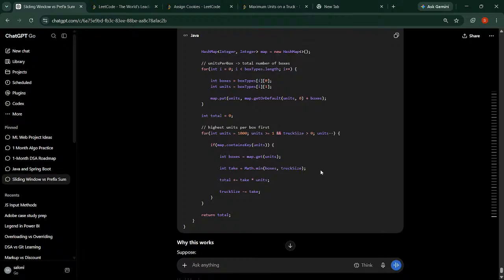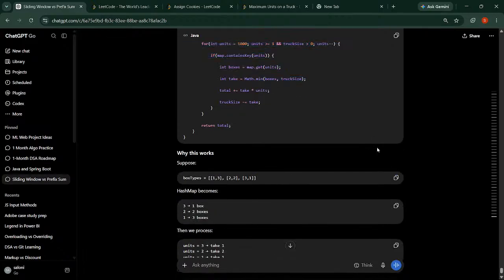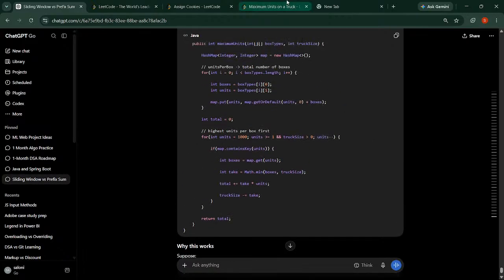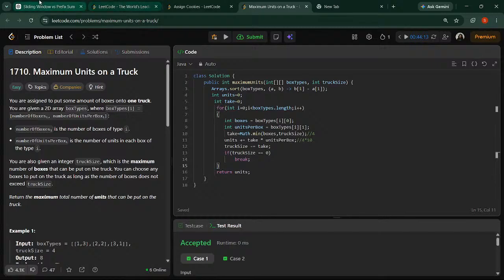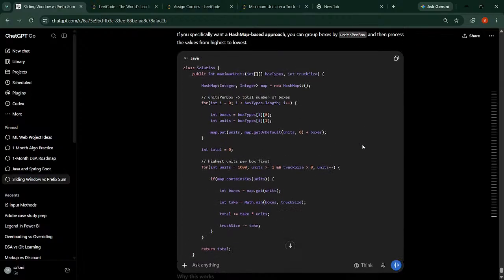GPT is saying greedy would be better, yeah. I think there is a lot more space complexity, I think. Both are in O(n). Okay, I will just read this approach, right?